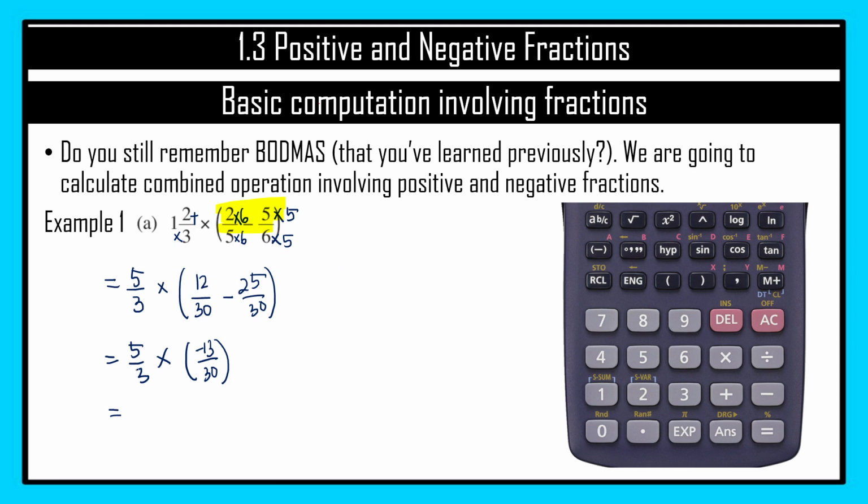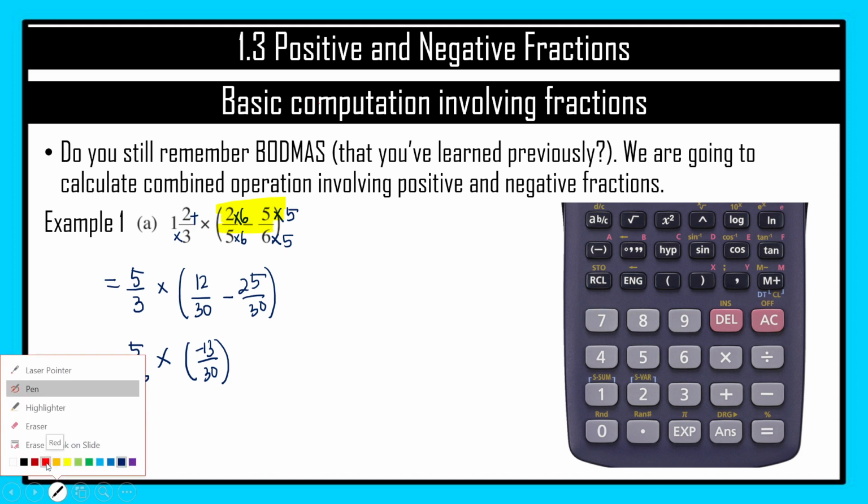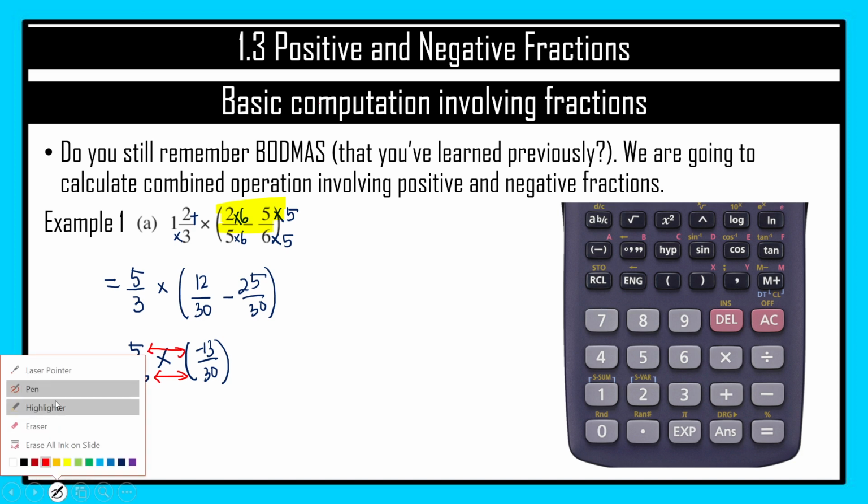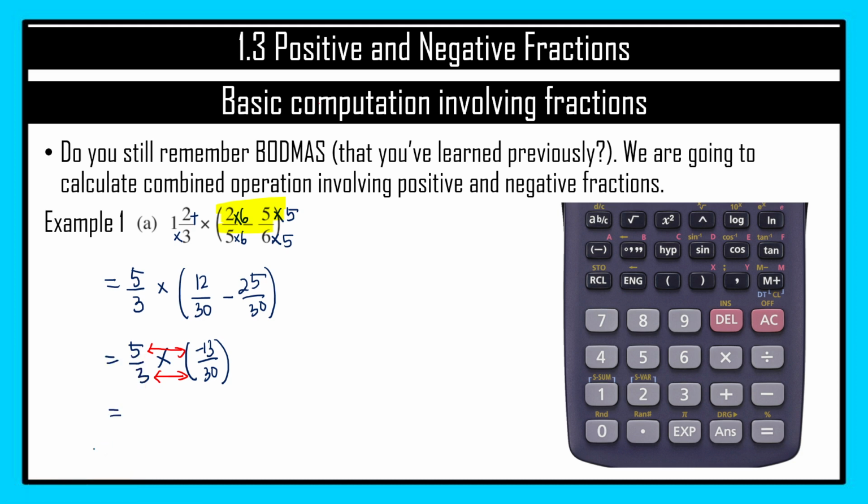Alright, with the help of your calculator, multiply. For multiply, the numerator will multiply with numerator, denominator will multiply with denominator. Alright, so 5 will multiply with negative 13, we get negative 65. And then 3 will multiply 30, which is 90.